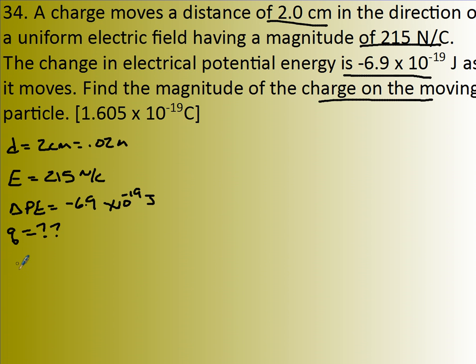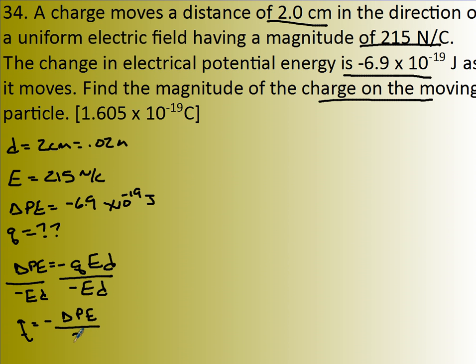All right. I know the change in potential energy is minus QED. I'm looking for Q, so I'm going to divide through by negative ED. So the charge is negative change in potential energy divided by ED. Remember, it doesn't matter whether the negative sign goes in the numerator or denominator.